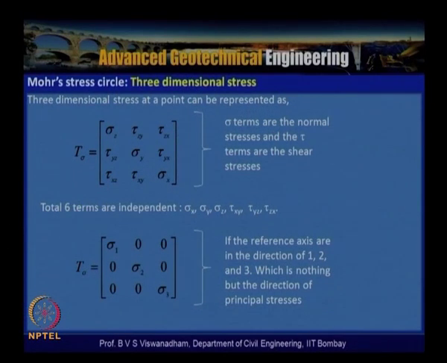For a cylindrical sample, the vertical stress is sigma 1, the major principal stress, and the stresses acting parallel on the plane are sigma 2, the intermediate principal stress, and the minor principal stress. On a cylindrical sample, as sigma 2 is equal to sigma 3, we generally refer to sigma 1 as the major principal stress and sigma 3 as the minor principal stress.